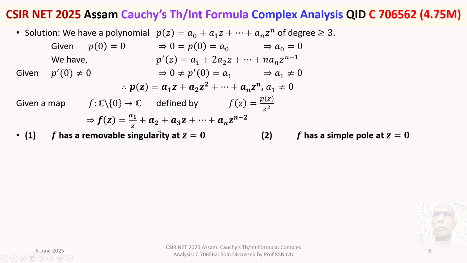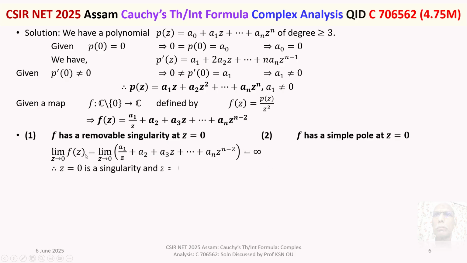But anyway, now limit Z tends to 0 of F of Z, let us see what it is. Limit Z tends to 0 of A1 by Z plus A2 plus A3Z plus so on and so forth, AN Z to the power of N minus 2. It will be infinity. This will tell you Z is equal to 0 is a singularity, but it is not a removable singularity.